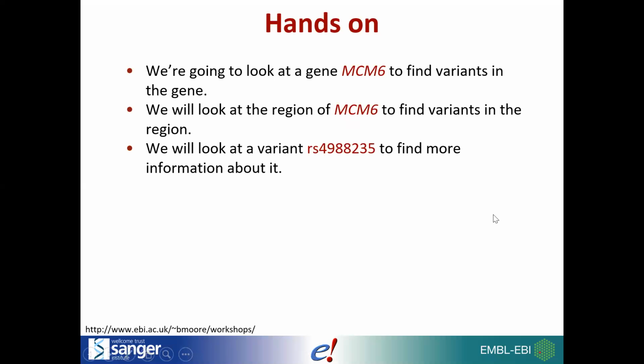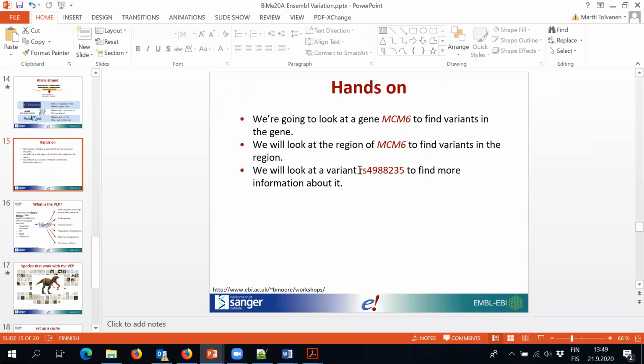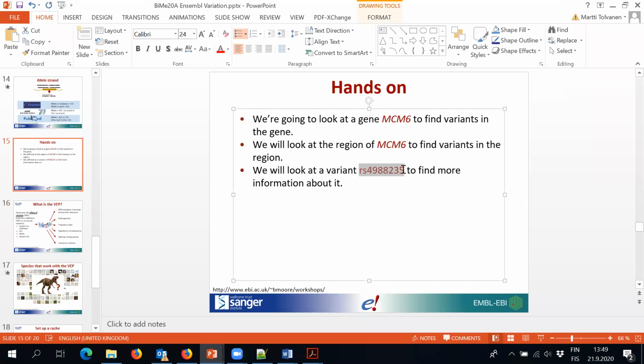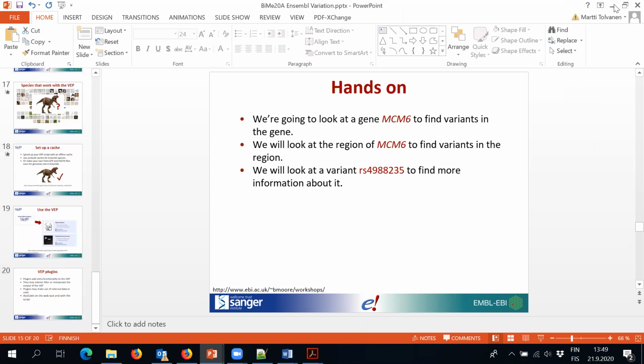Okay, so let's do a quick demo. Let's find a specific variant in one gene. I'm just copying the number here. We don't have time to look at the variant effect predictor yet, but that will be on Friday.